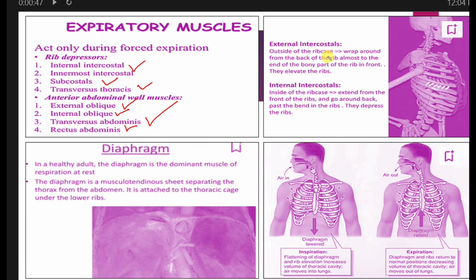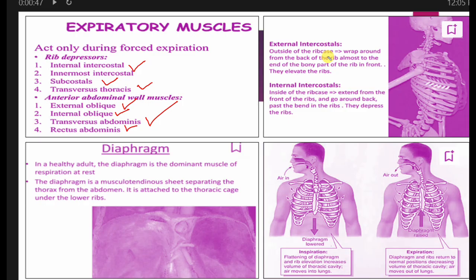The external intercostal muscles are those ones that cover the exterior part of the intercostal spaces. How many ribs do we have in humans? 12. Good. So between the 12 ribs, there are spaces.